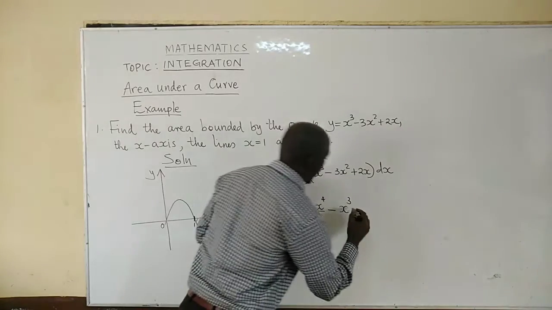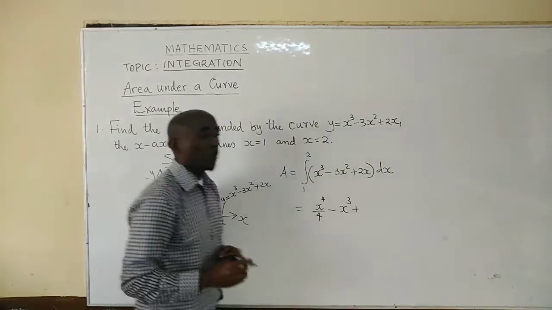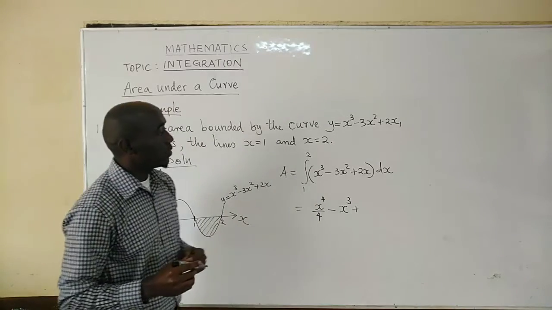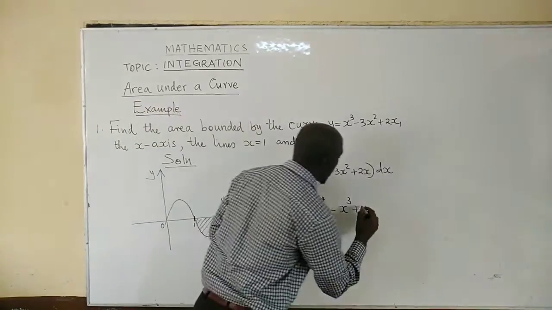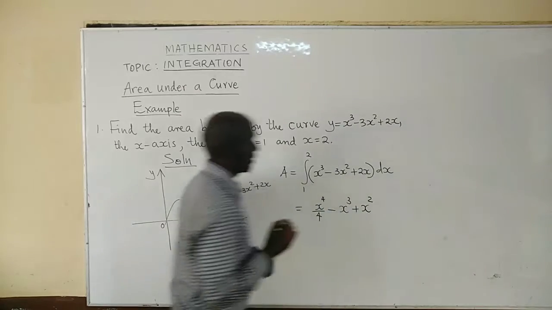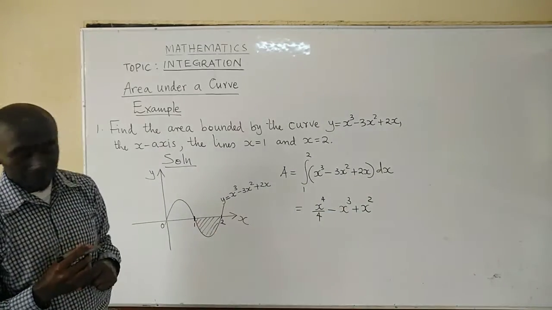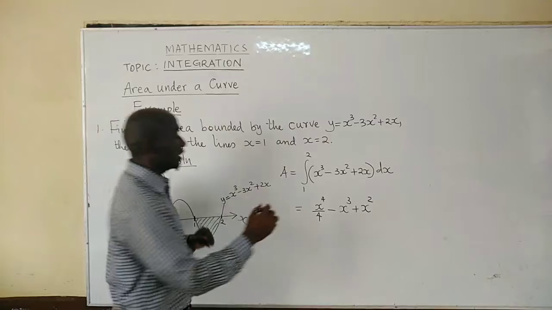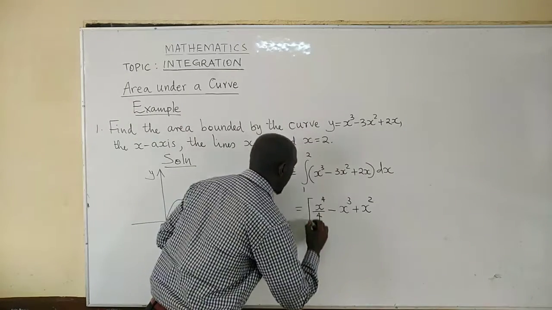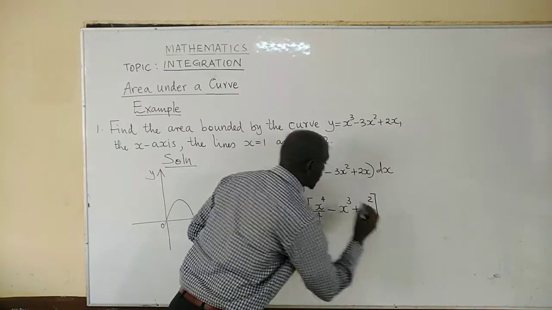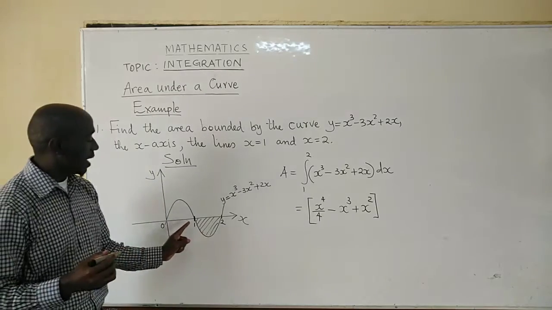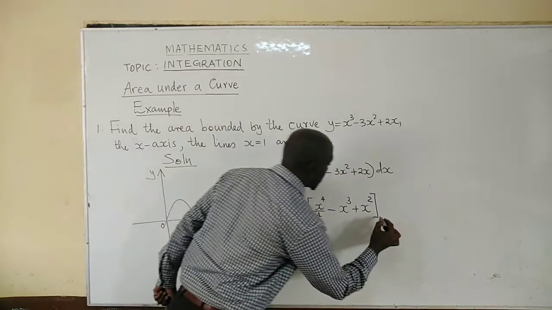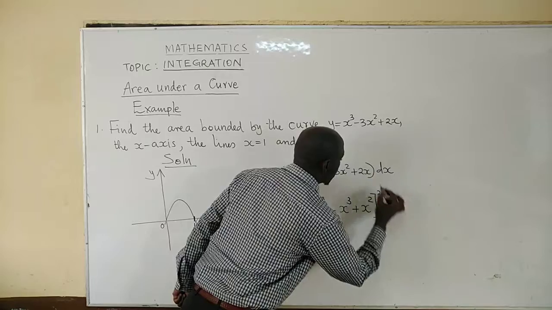Then plus, if you integrate 2x, you will get 2x squared over 2. 2 and 2 again will cancel, you remain with x squared. That is what you get after integrating. Then you put the integral in square brackets and insert the limits. The lower limit is 1, the upper limit is 2.